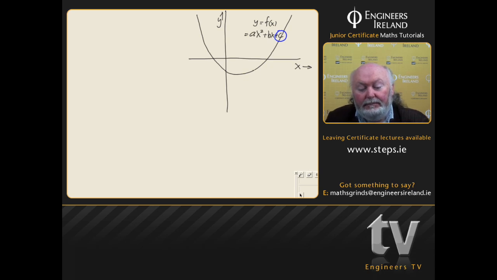What we know is along this y-axis here, that x is 0. So if I put x equal to 0 in here and in here, those two terms go to 0 and y will be equal to the c. So in this case, you can recognize that the c would be there.